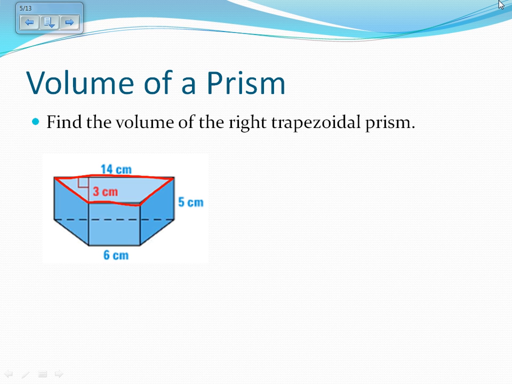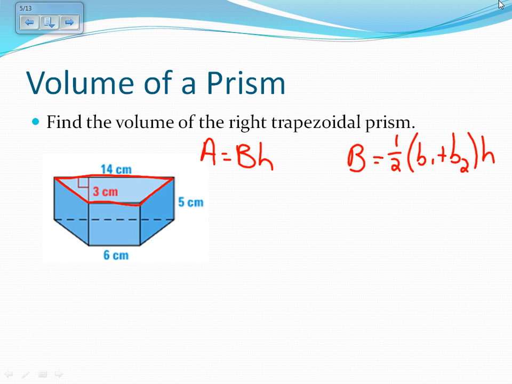So, area of a prism is equal to what? Base times height. So we need to find the area of my base. Well, my base is what shape here? What's the formula for a trapezoid? Half B1 plus B2 times h.